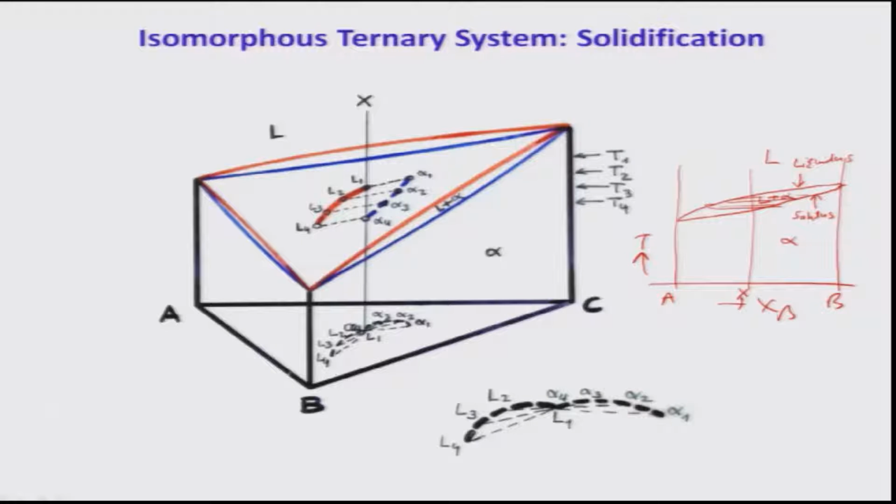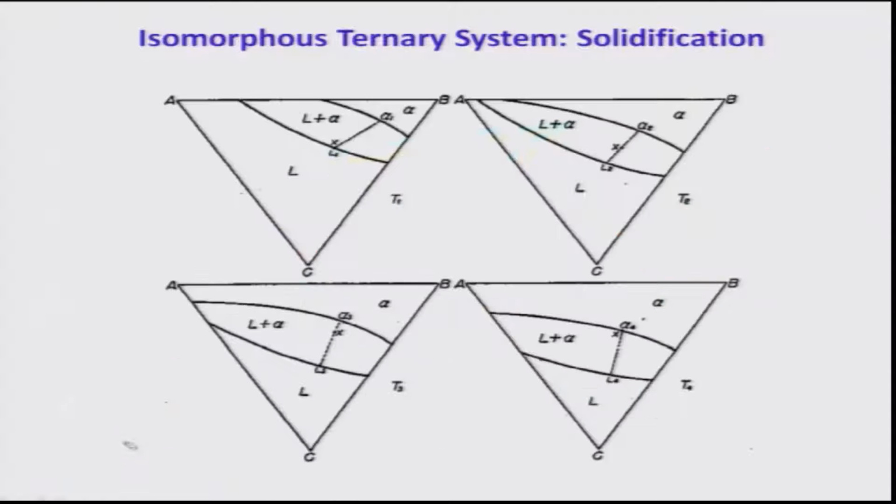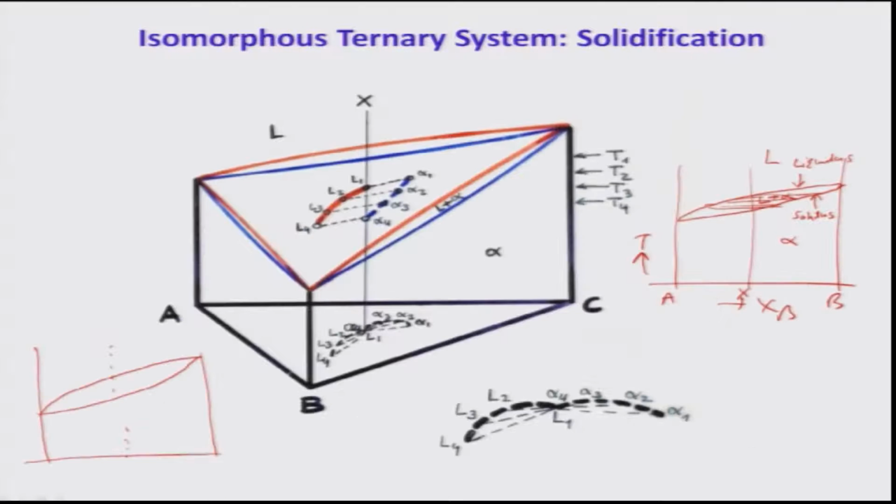At temperature T1 you see point L1 on the liquidus surface. Now, as it solidifies, let me draw it in a better way because you need to follow it up, and the correlation between the binary and the ternary is very important. This should be parallel, okay.